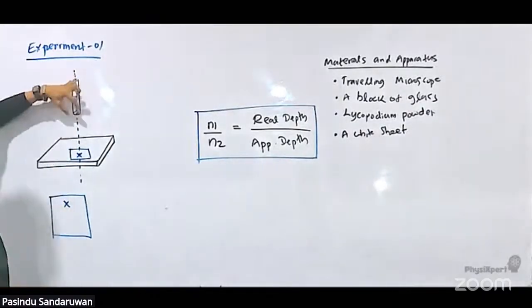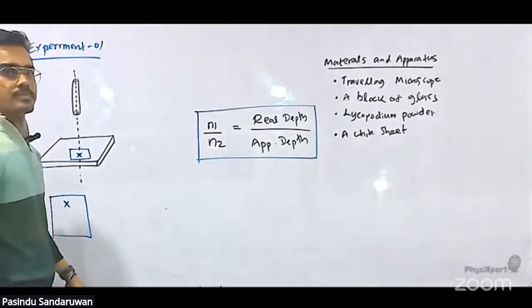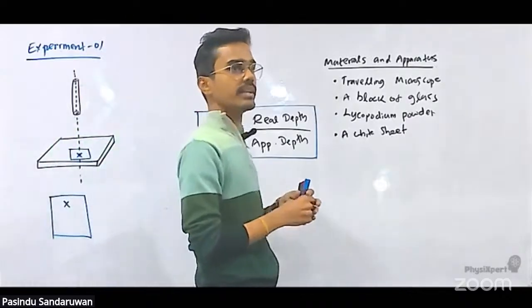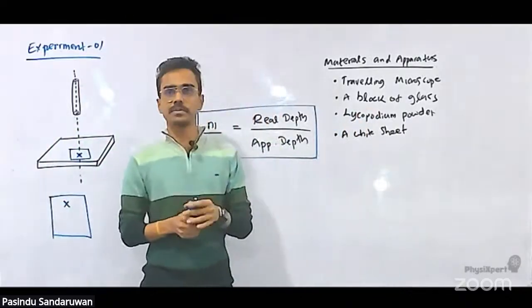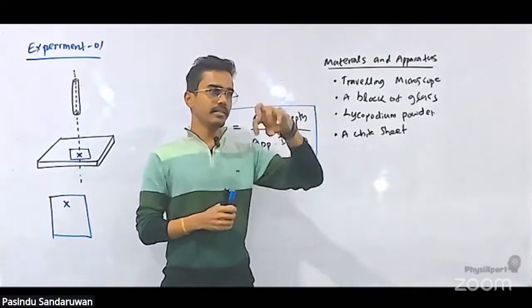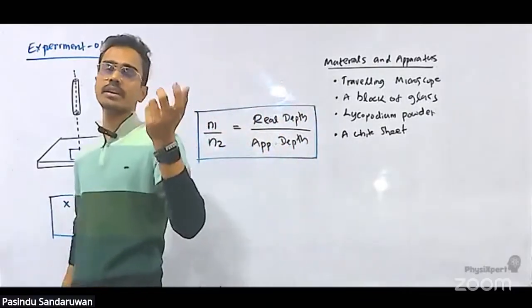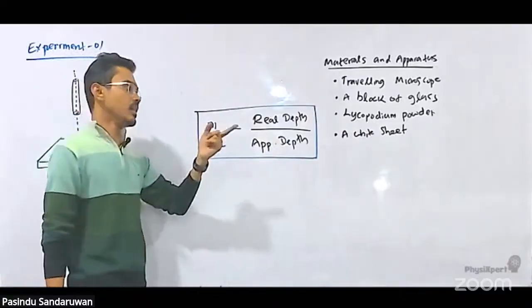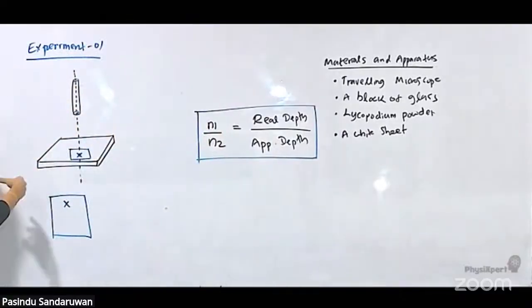By adjusting the vertical movement of the traveling microscope, because there is no horizontal movement involved here, using fine or coarse vertical movements, we first focus onto the cross on the paper.